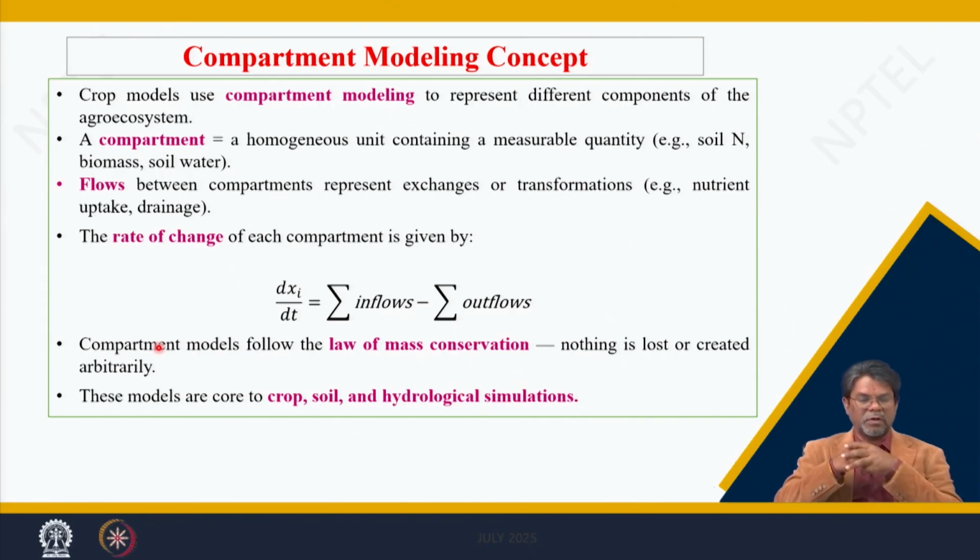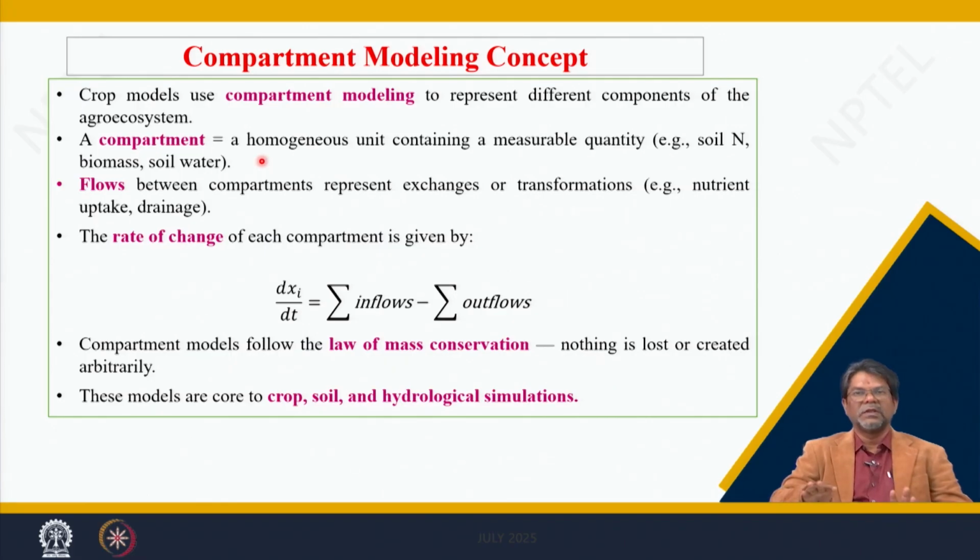Crop models use compartment models to represent different components of the agro ecosystems, and that simplifies the relationship between the inputs and how the flow occurs between the variables. A compartment is a homogeneous unit containing a measurable quantity.